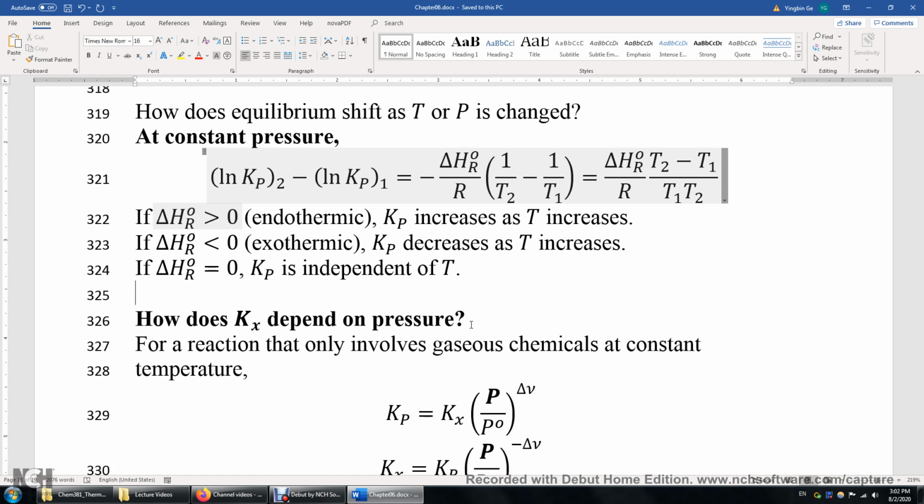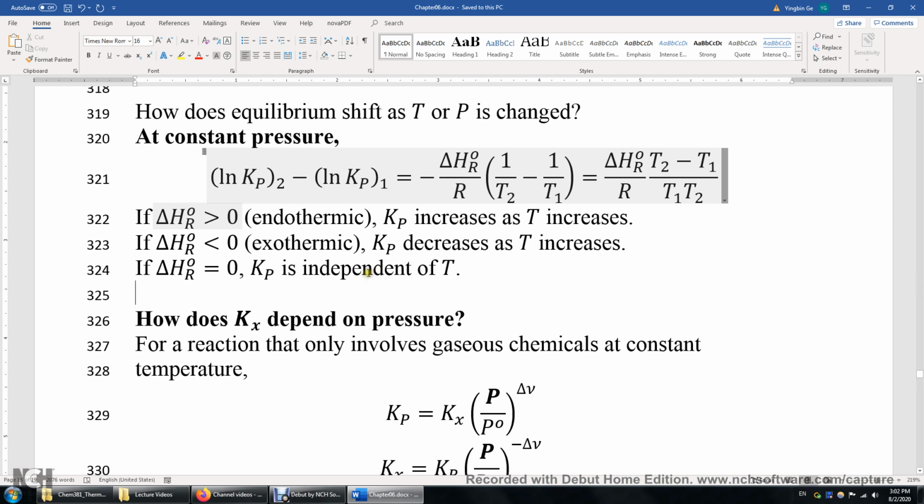And you can see the Gibbs energy of the reaction in a standard state is simply the Gibbs energy of formation of the products minus the Gibbs energy of formation of the reactants, both in the standard states. And therefore, Kp actually is independent of the pressure of the reactants or the products.